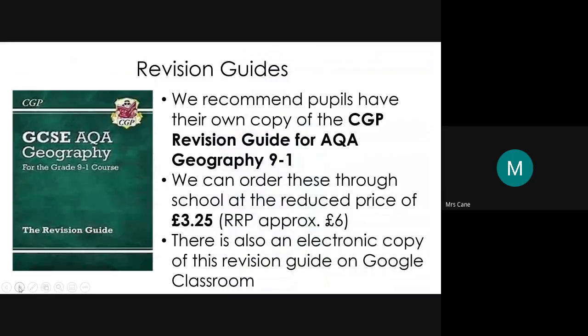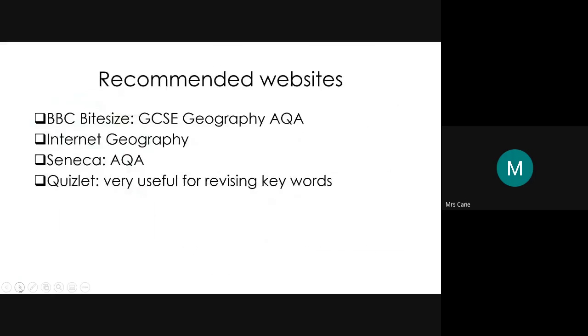We also recommend highly that pupils also purchase a revision guide for AQA, and this can be purchased via school at a reduced price of £3.25 as opposed to the recommended RRP of £6. We also have an electronic copy too to support learners, and we've posted this to the Google Classroom.